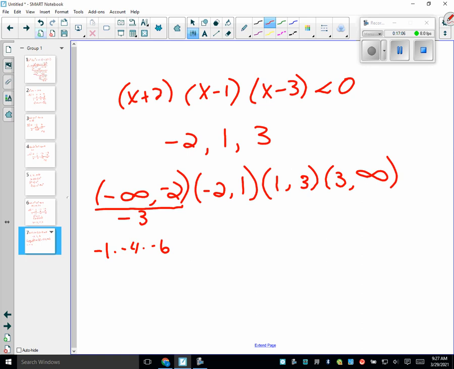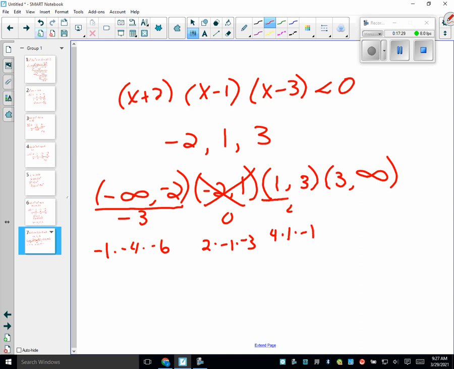What do I use here? 0, which gives me 2 times negative 1 times negative 3. It does not work. Positive 6, which is not there. Do I use a 2 here? Sure. 2 gives me 4 times 1 times negative 1.